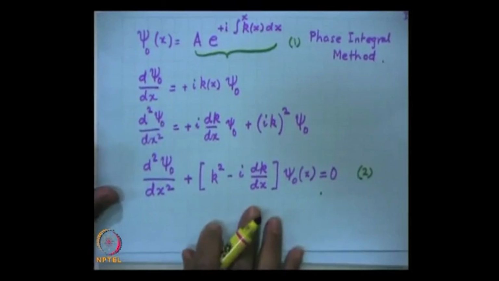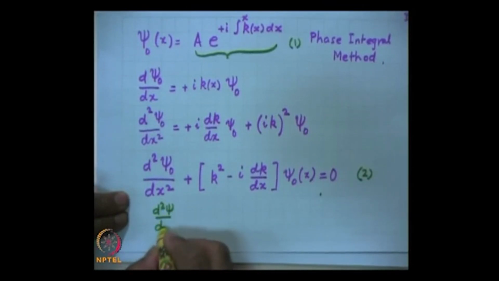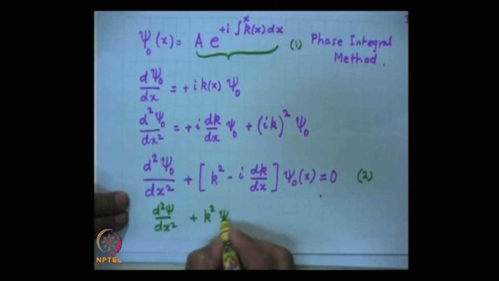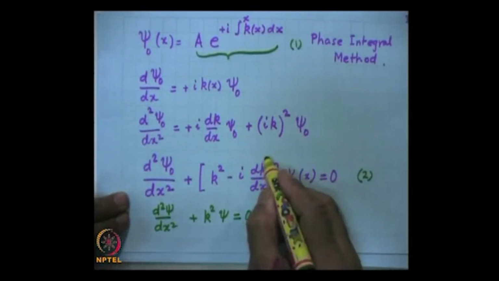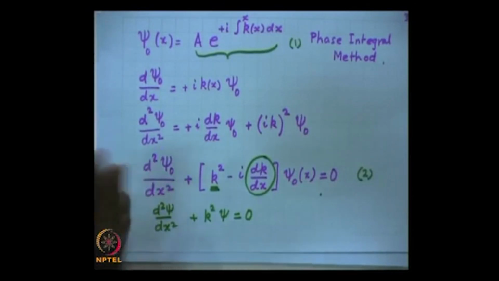But what we wanted is the solution of this equation, d2 psi by dx square plus k square psi is equal to 0. So, if the magnitude of this term is very small compared to k square, then our solution should be reasonably good.